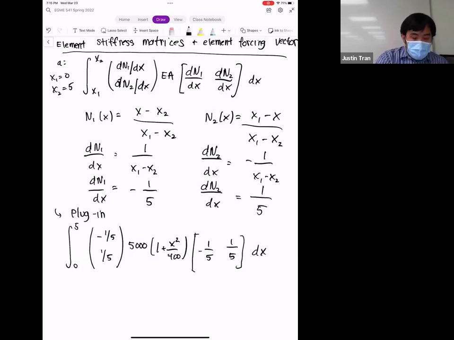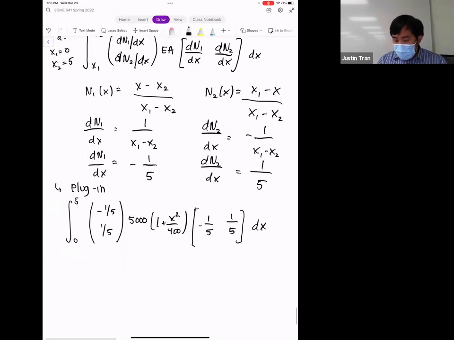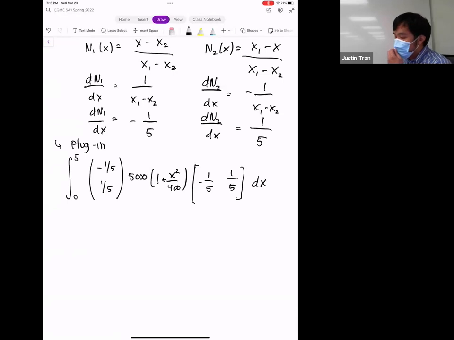Let's simplify this expression. Let's perform the vector multiplication here first. Remember, the result of multiplying these two vectors is going to be a 2 by 2 matrix.